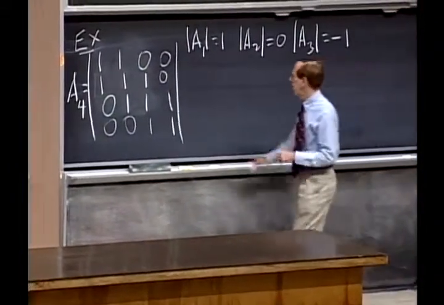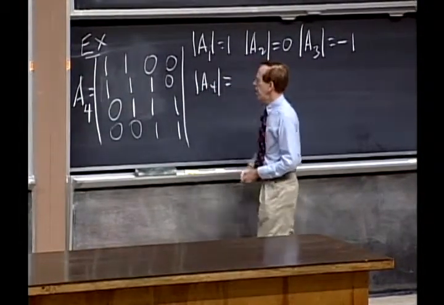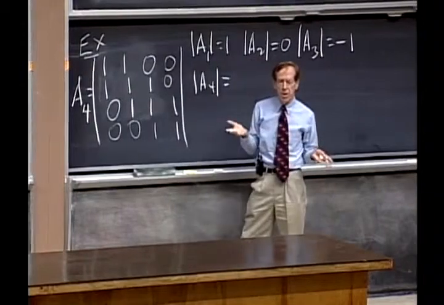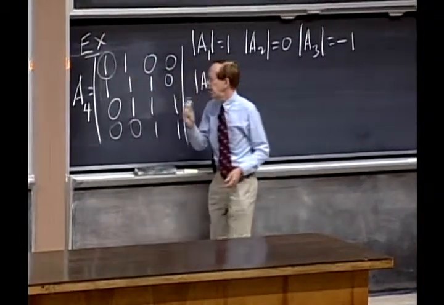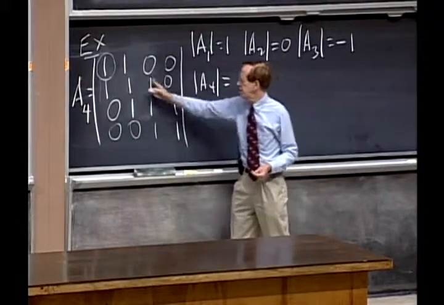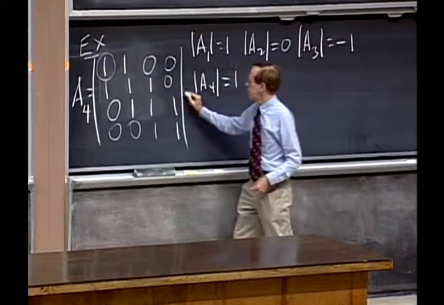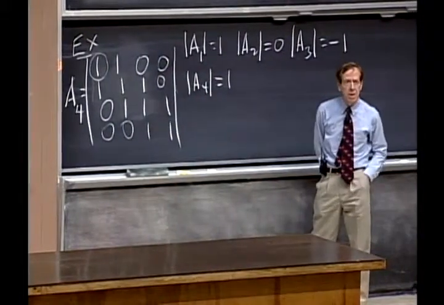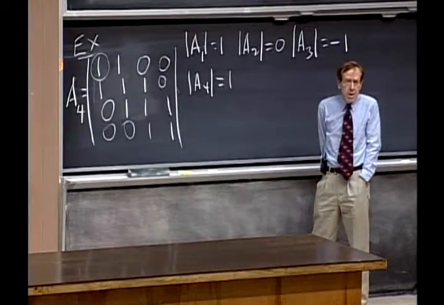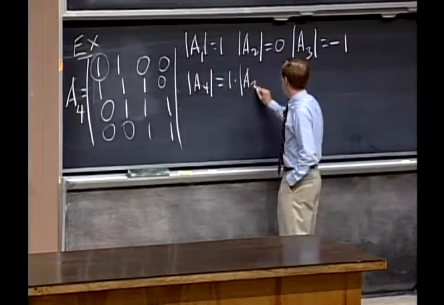The determinant of A4 is, let's use cofactors of the first row. Those are easier. So I multiply this number, which is the convenient 1, times this determinant. So it's 1 times this 3 by 3 determinant. Now, do you recognize that matrix? It's A3. So it's 1 times the determinant of A3.